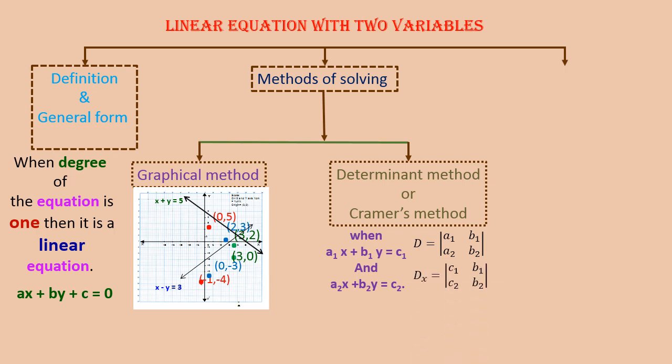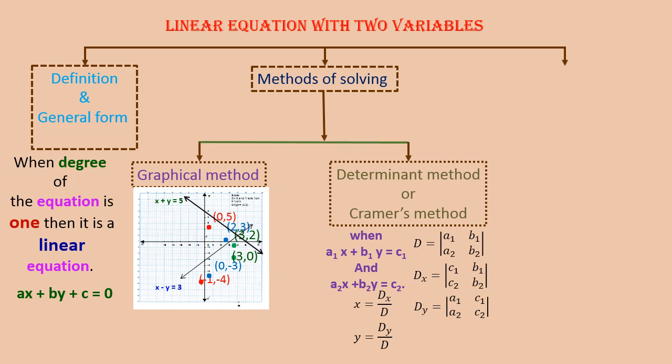Dx becomes c1, c2 and b1, b2. Dy becomes a1, a2, c1, c2. Hence we find x as Dx upon D and y as Dy upon D.